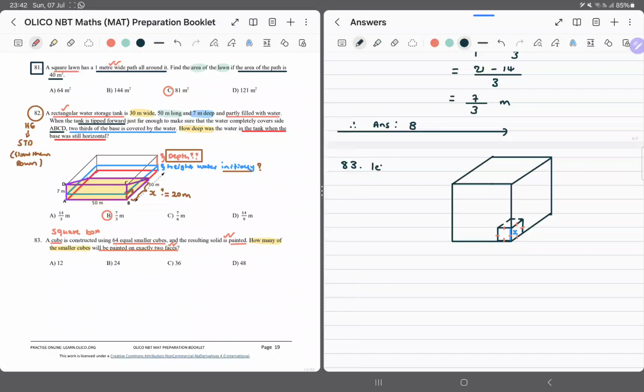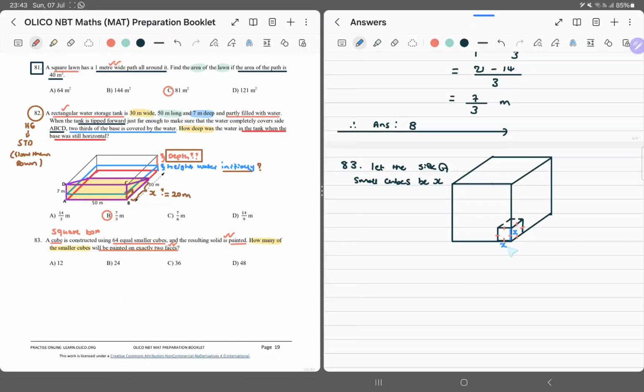We can just say let the side of small cubes be x. All right, so this is important. I suppose it makes life a lot easier. And this would also mean that we've got x here.